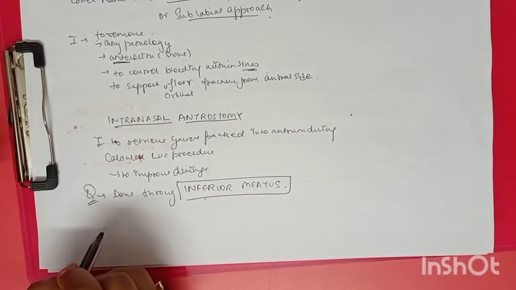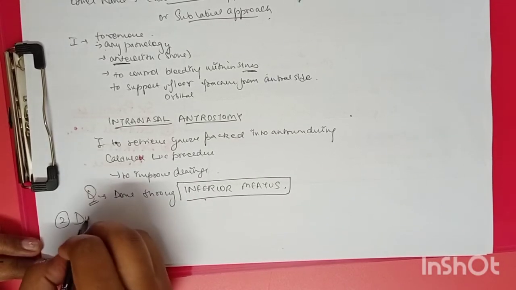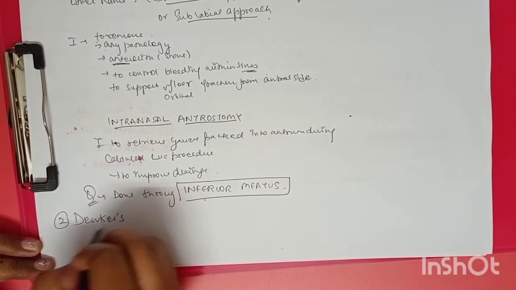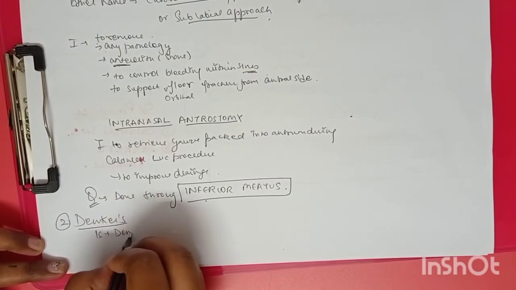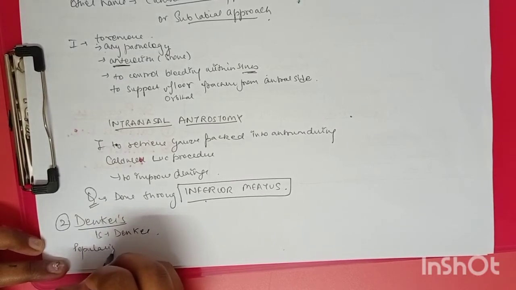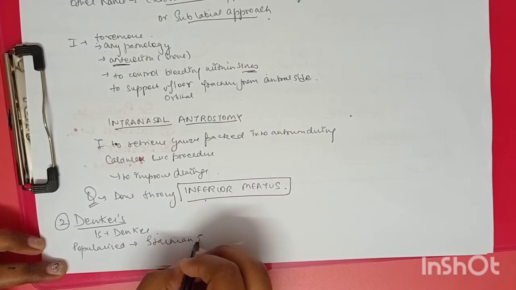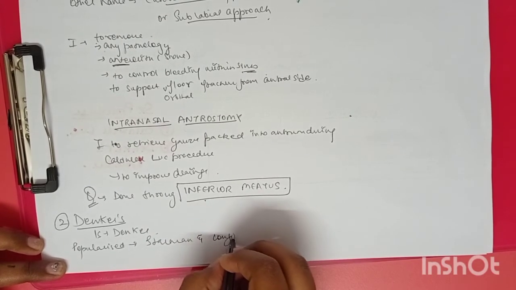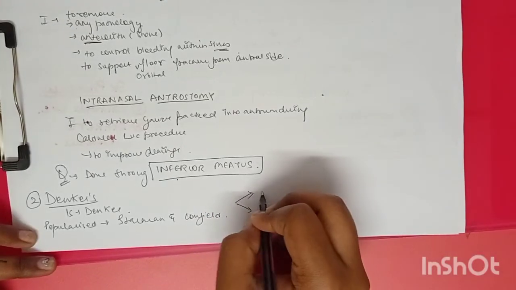Then we have Denker's procedure. Just basic information which we need to know about this Denker's procedure is, it was first described by the person named Denker. However, it was popularized by Stammberger and Canfield. Then there are two approaches to proceed with this type of procedure.